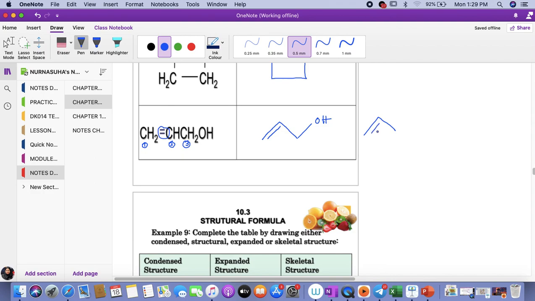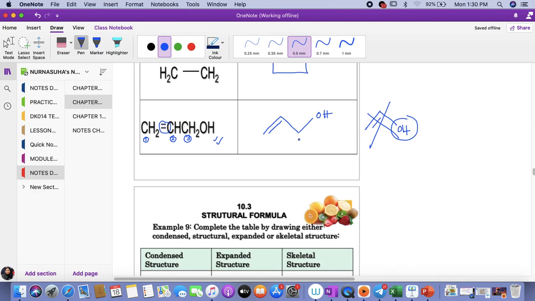Double bond kat sini, tapi OH kat sini. If you put OH here, awak dah ubah bilangan karbon. Kalau kat sini, 1, 2 karbon. So, salah lah. Sebab original structure dia bagi awak 3. 1, 2, 3. Sebab tu kita lukis satu line. Ini bukan karbon. Yang ini adalah bonding antara oksigen dengan karbon.